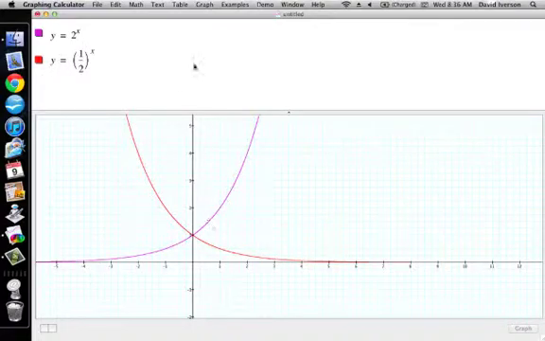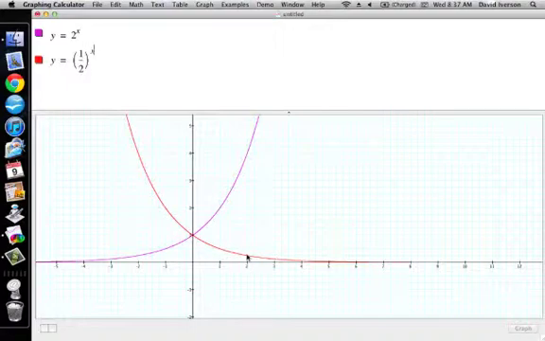And you see that they are mirror images of each other around the y-axis. And that would suggest there's some other functions that we're going to be talking about or that you should know about, that if I replace x with negative x, I should get a mirror across the y-axis.